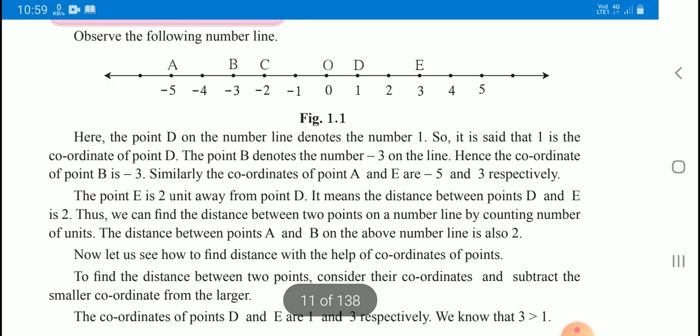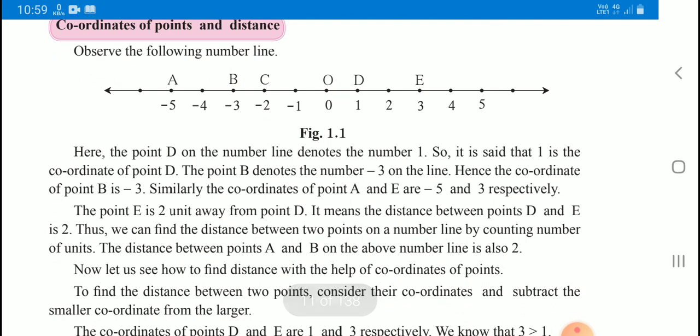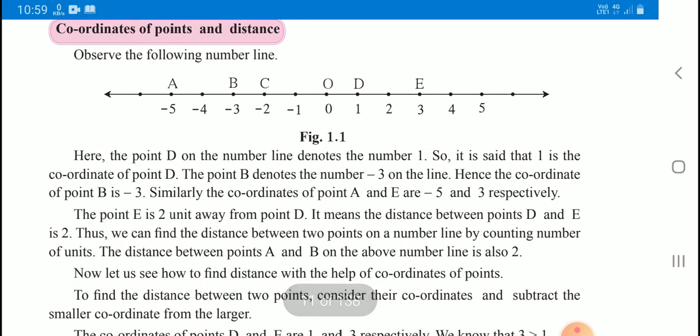If you see, they have given points and their numbers such as point A represents the number -5, point B as -3, C as -2, then O means 0, D is 1, E is 3.